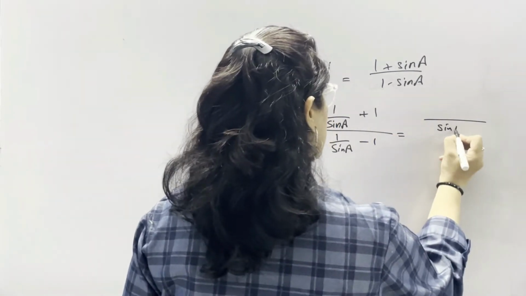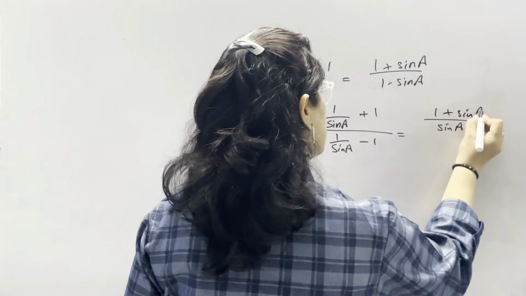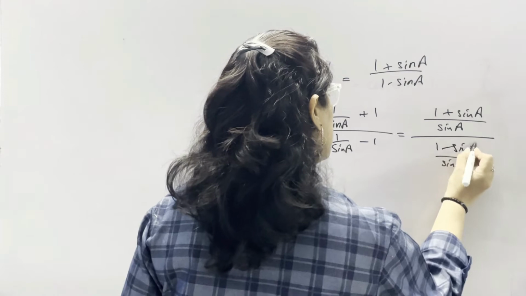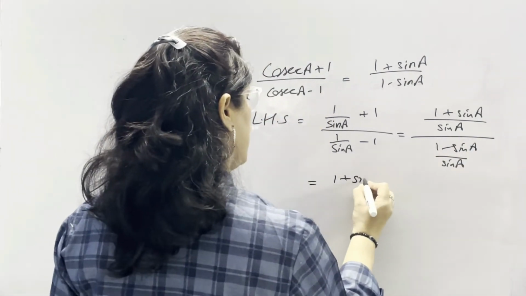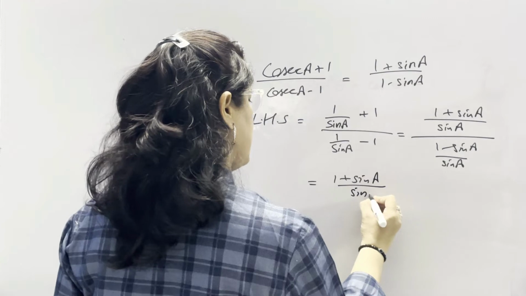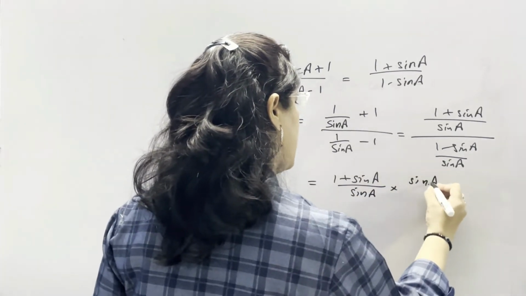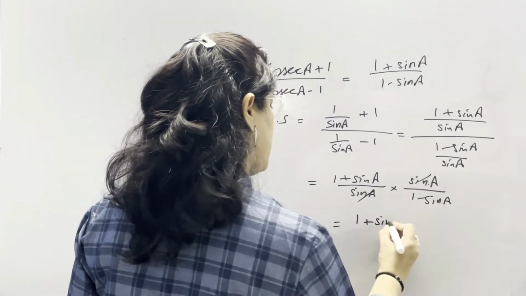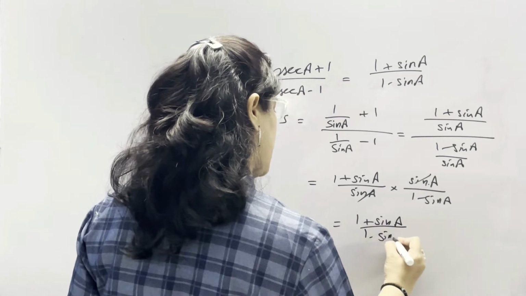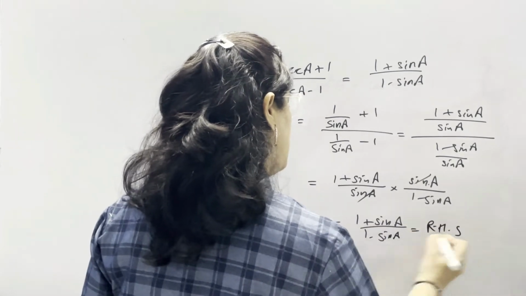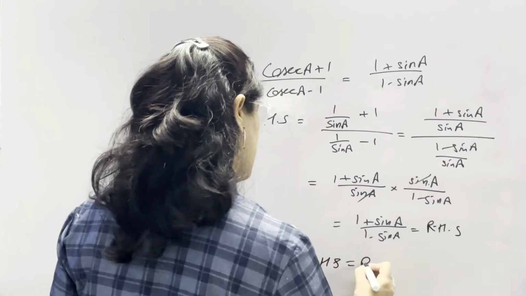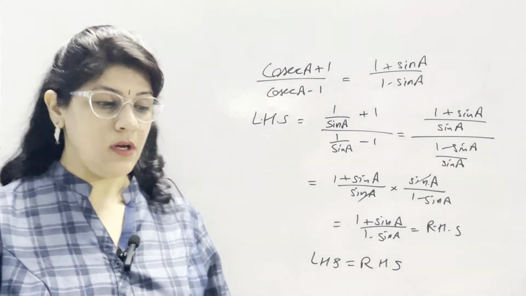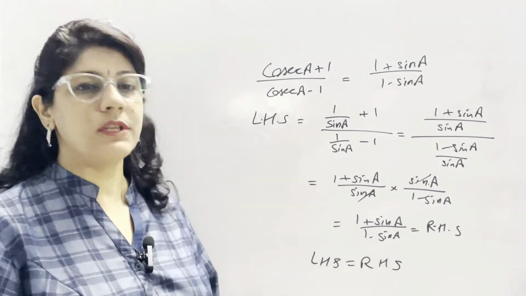Taking LCM of the numerator, it is 1 plus sin A. LCM of the denominator is again sin A, 1 minus sin A, then 1 plus sin A upon sin A, multiply sin A upon 1 minus sin A. Sin A is cancelled, 1 plus sin A upon 1 minus sin A. Therefore, RHS is equal to LHS and hence proved. So, this is the shortcut method of doing this question. Now, I am going to solve this same question with another method.